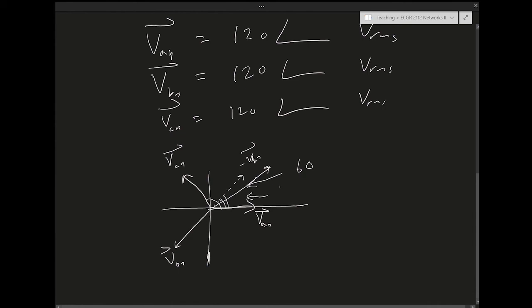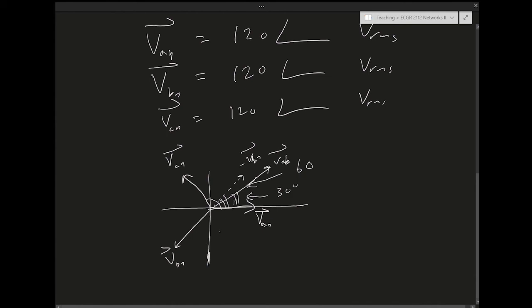So the angle is going to be 30 degrees. Right? So VAN plus minus VBN is going to be at an angle of 30 degrees. So VAN is going to be behind VAB by 30 degrees.